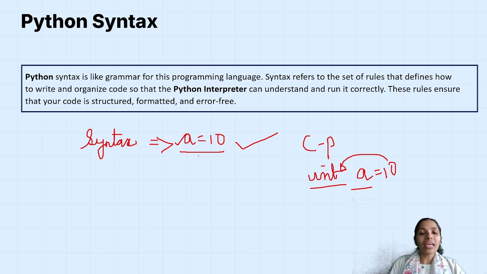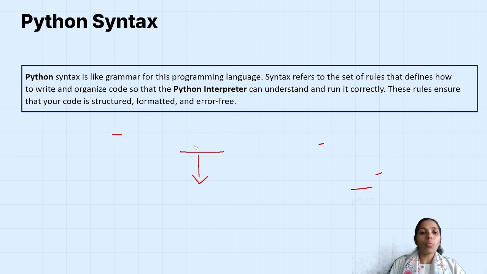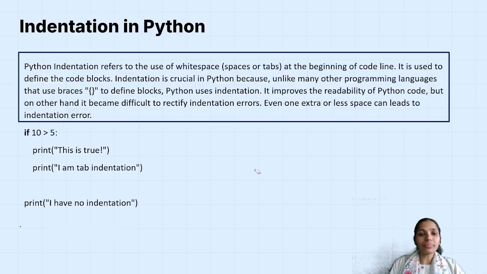But in Python, it's not so. The interpreter will implicitly understand that a is a variable and it is holding the data 10. So, in short, Python syntax is nothing but the rules and regulations to be followed while we are coding in it. So, let's proceed further.